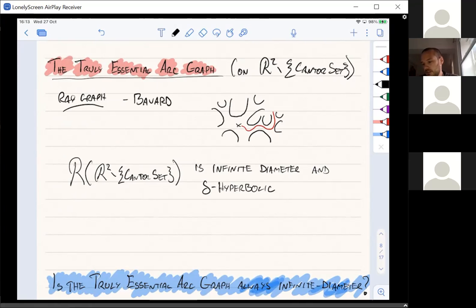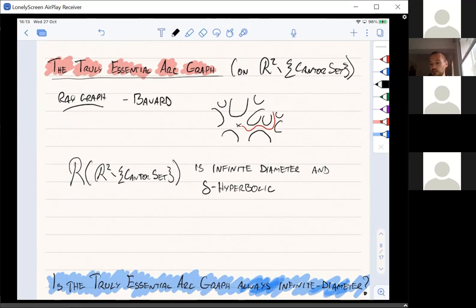She showed that for this surface, the truly essential arc graph is infinite diameter and also delta hyperbolic. If I have time to go over the proof of the main result of this talk, that also carries on to prove this.